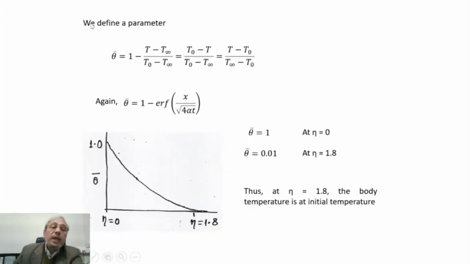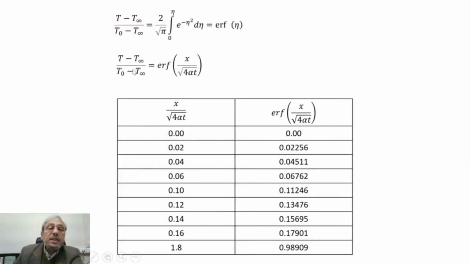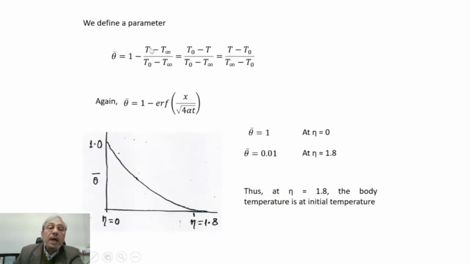So we again define theta bar, which is 1 minus T minus T infinity divided by T0 minus T infinity. So 1 minus that, we get T0 minus T divided by T0 minus T infinity. Rearranging, we can write T minus T0 divided by T infinity minus T0.